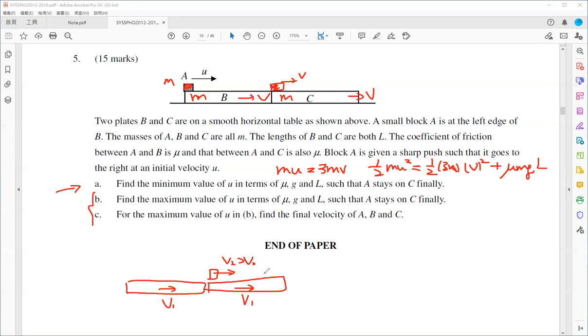There's no friction. If they have the same velocity, of course, there's no relative motion. Or you can say the object A will not slide over the object C.